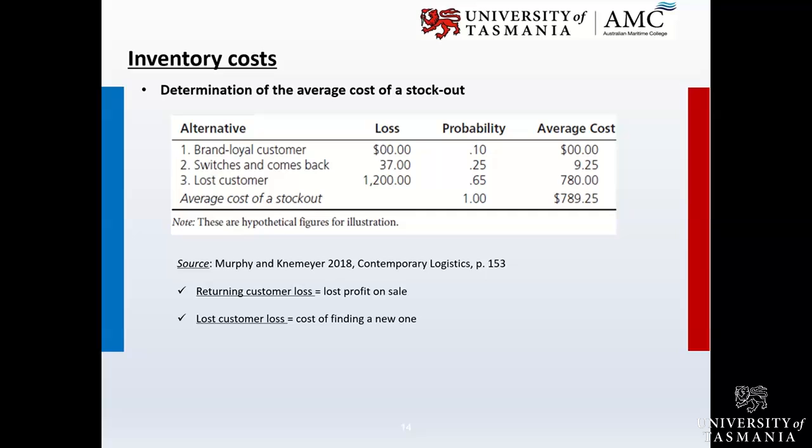We can look at this table. It shows the determination of the average cost of stock out. So how to estimate stock out cost? In this table, we identify 3 types of customers. You can identify your customers as brand loyal customer, switches and comes back customer, and lost customer.